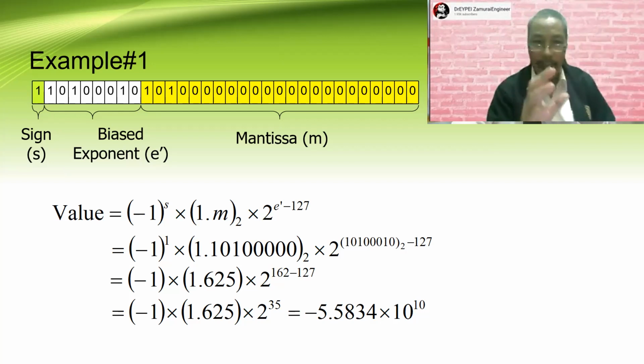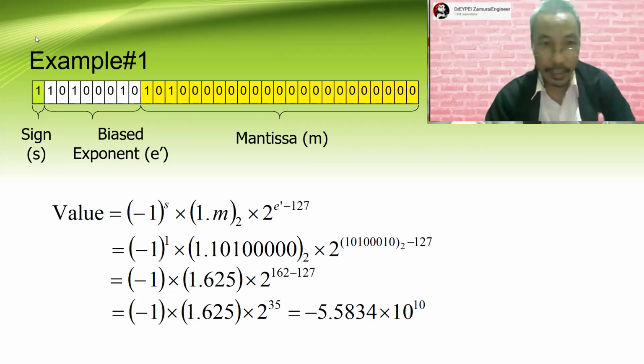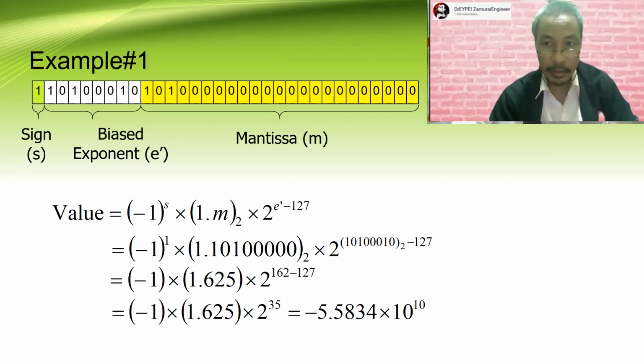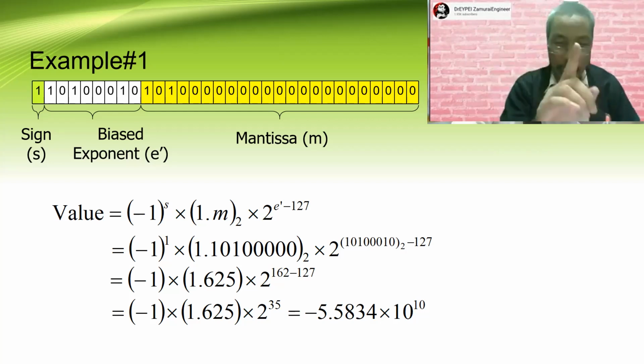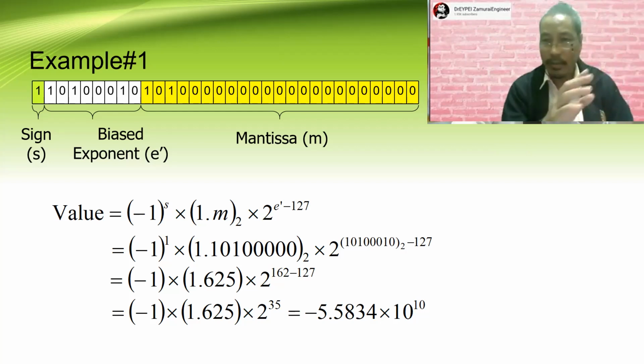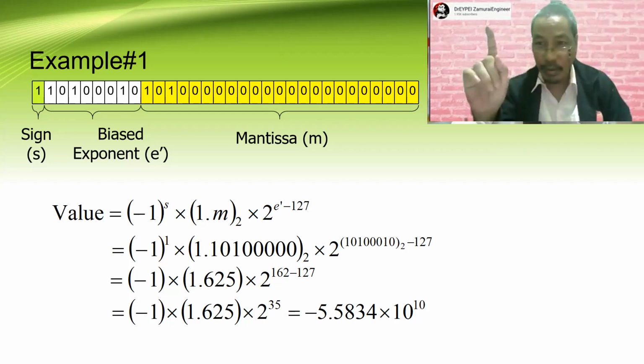Converting binary to decimal is easier because the first digit is 2 to the 0 power, then 2 to the 1 power, 2 to the 2 power, 2 to the 3 power, and so on. The exponent starts from 0.